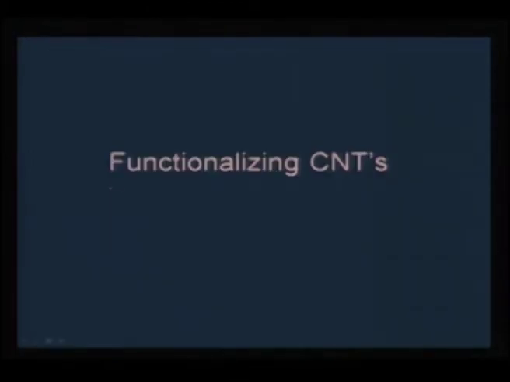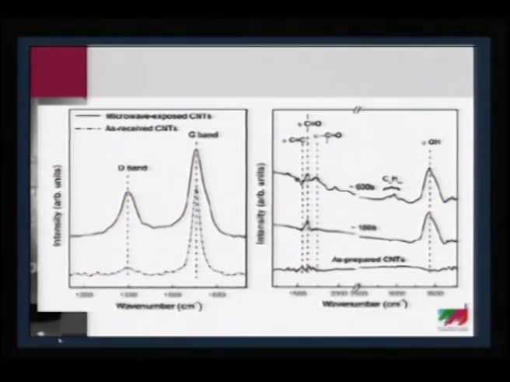Another good application which can prove very cost effective is functionalizing carbon nanotubes. As you see here, this is the G band and D band of the carbon nanotubes, as received and microwave exposed. The microwave exposed ones show a much clearer D band, which is due to the influence of microwave, and compared to the as prepared carbon nanotubes, those exposed to different levels of microwave clearly show that the carbon nanotubes can be functionalized with ease.